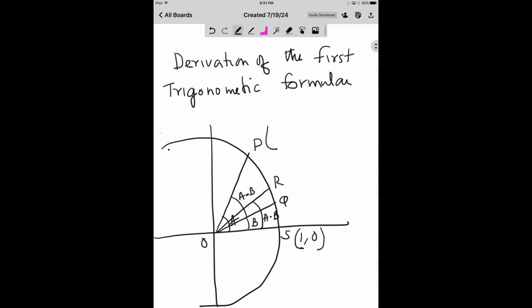Let P be the polar coordinate, and P is not cos(A minus B), it is cos A, sin A. P is (cos A, sin A).